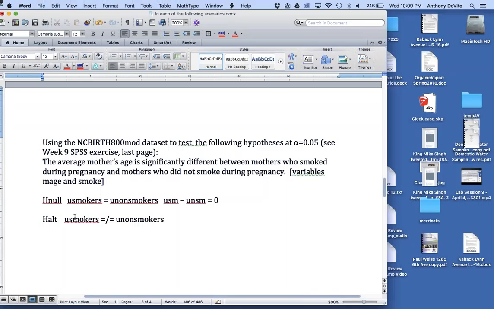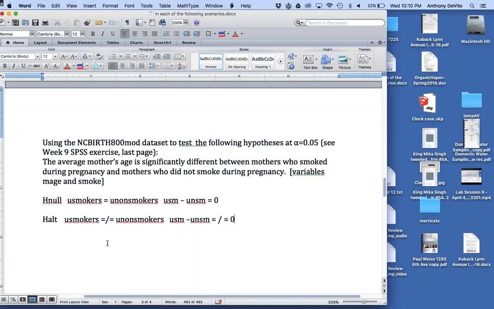Or if you described it the other way we did it, the mean for smokers minus the mean for non-smokers does not equal 0. Okay, is that a one-sided test or a two-sided test? That's right, two-sided test. Yeah, good.